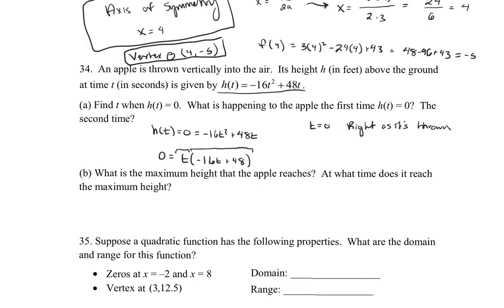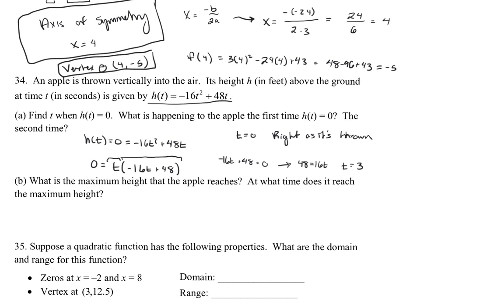The next piece we have is that negative 16t plus 48 is equal to 0, which gives that 48 is equal to 16t, or t is equal to 3. If we think about it, if we throw something up in the air, it'll be at an elevation of 0 when we throw it, and then it'll be at an elevation of 0 when it lands. So that t equals 3 is going to occur as the ball lands.